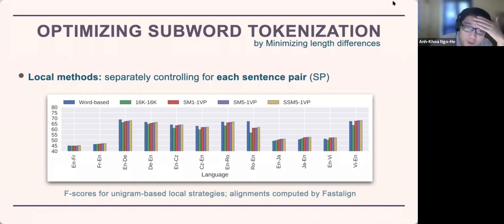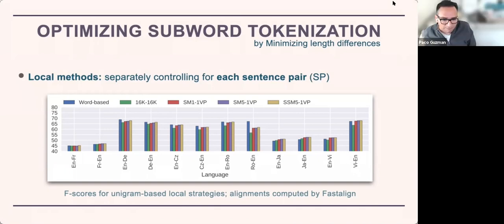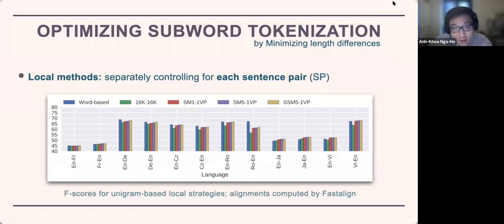So you can see here that for all three methods, SM1, SM5, SSM5, we use a unigram.